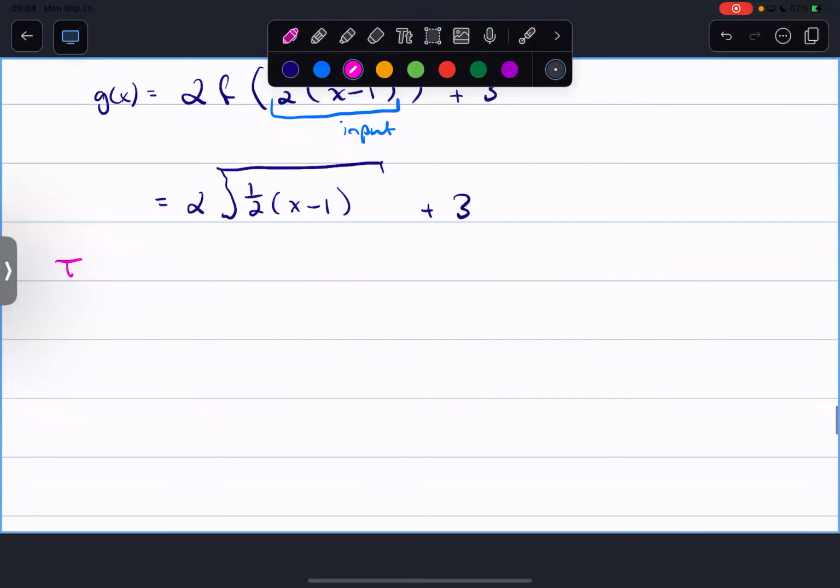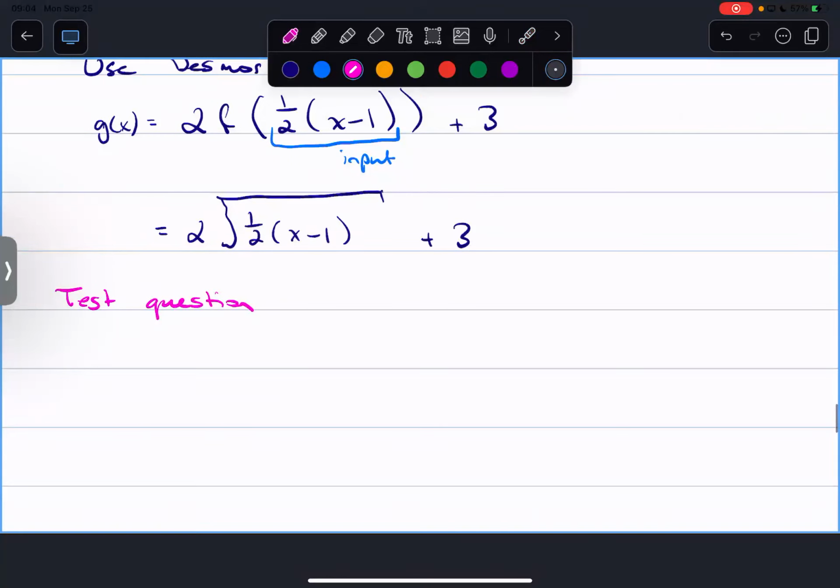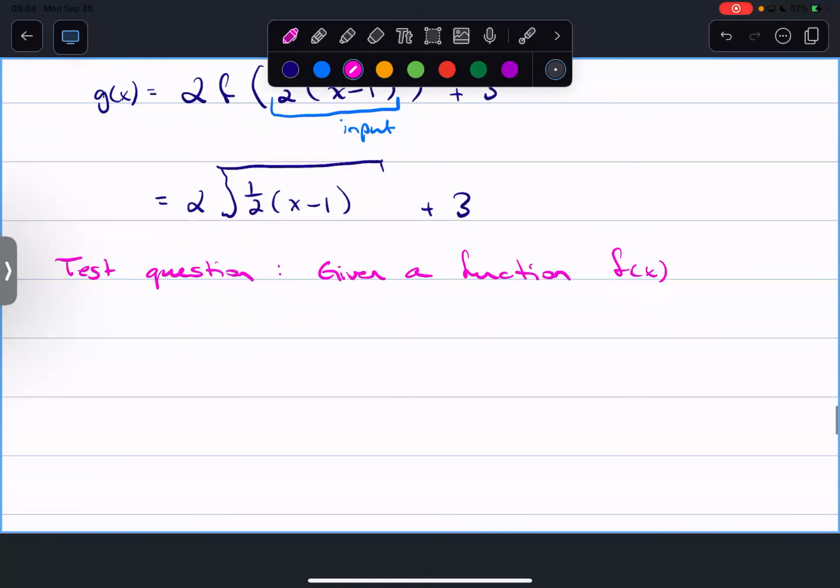How about this? Test question, right? None of this actually mapping it. That's nonsense. Given a function, f of x, and the transformation, this is more a note to myself. Pretty good question.